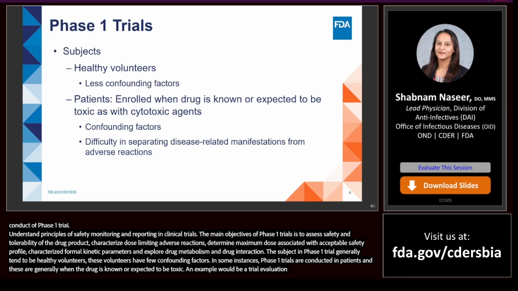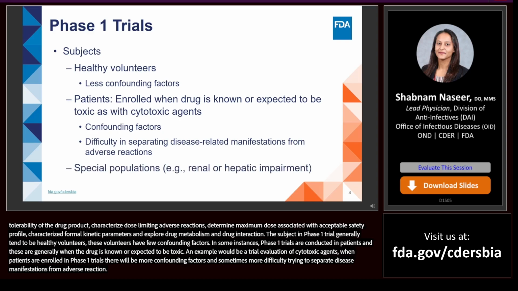When patients are enrolled in phase 1 trials, there will be more confounding factors and sometimes more difficulty in trying to separate disease-related manifestations from adverse reactions. In addition, special populations such as patients with renal or hepatic impairment can also be enrolled in phase 1 trials.